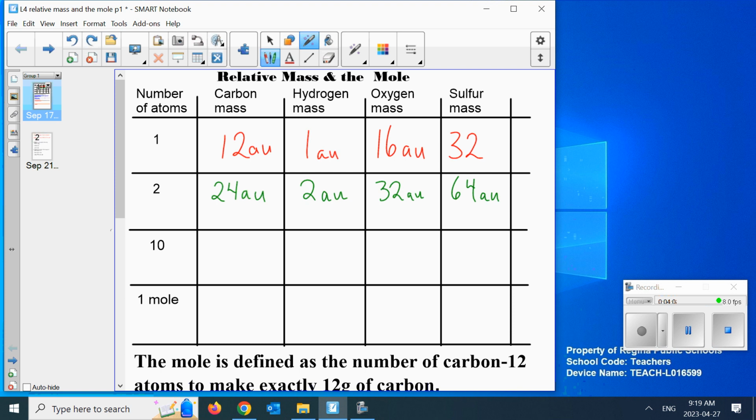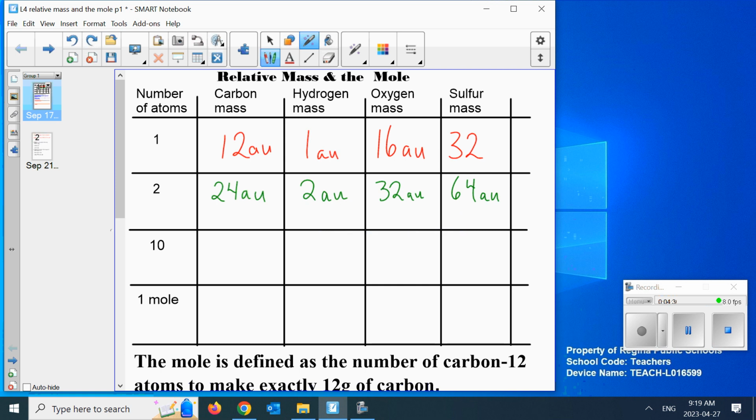Would you agree that a 2 to 32 ratio is a 1 to 16 ratio, and likewise, comparing that, so 2 to 64 is still a 1 to 32 ratio. Good point.